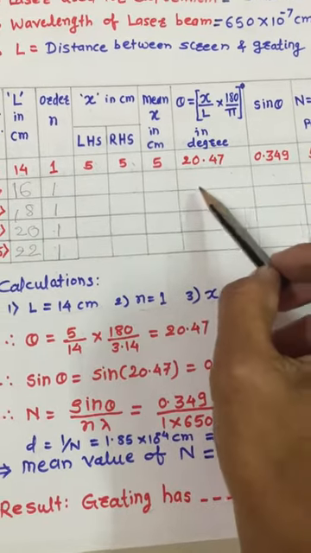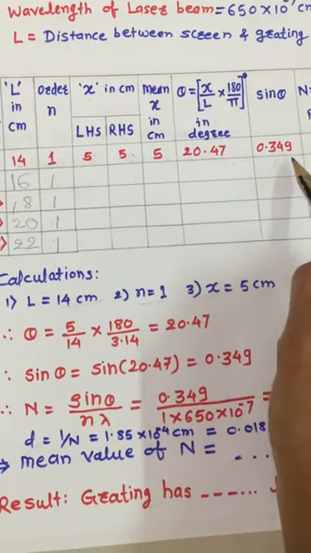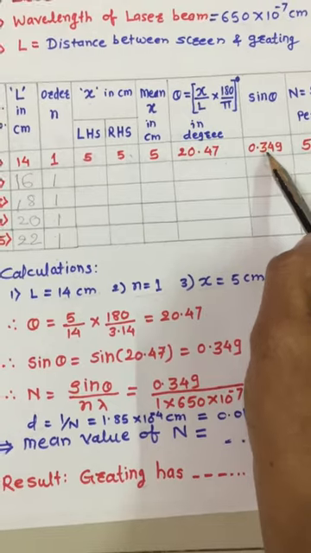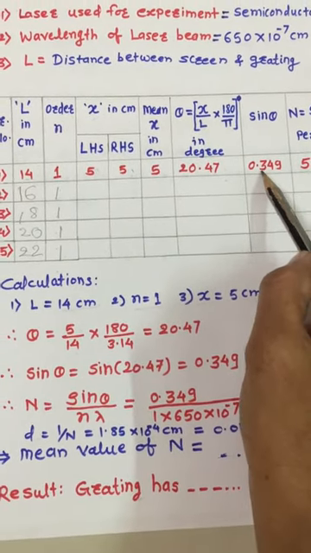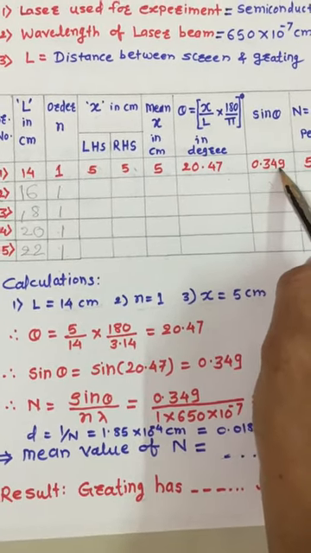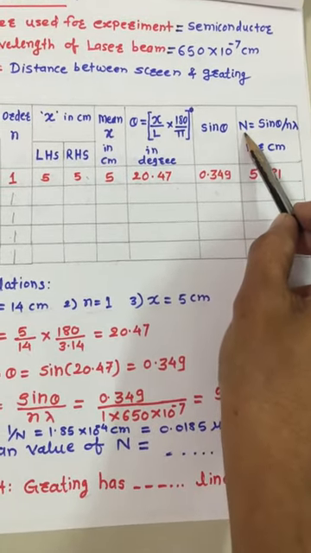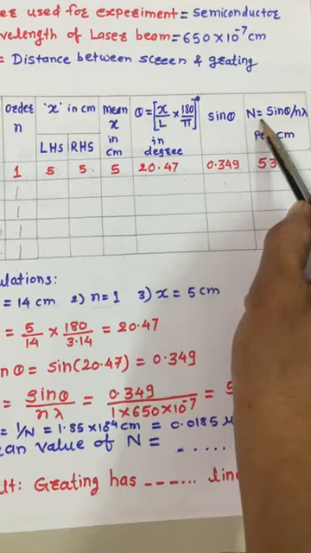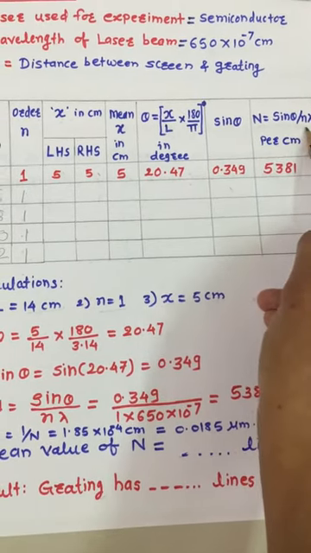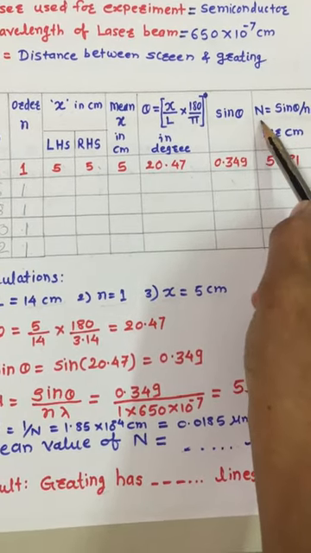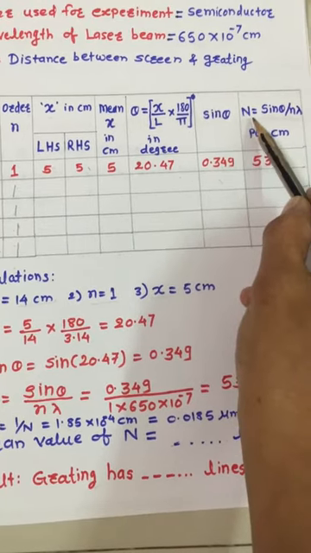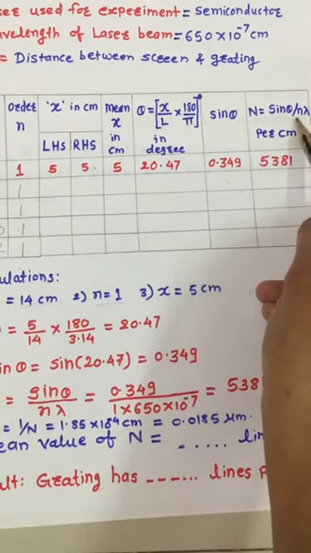Then find sin theta for this theta value using a scientific calculator, not a mobile calculator, and this value comes out to be 0.349. Now we have to calculate capital N. Just now we discussed the formula, and to obtain it, the condition for principal maxima in a diffraction grating is used, that is capital N equals sin theta upon n lambda.